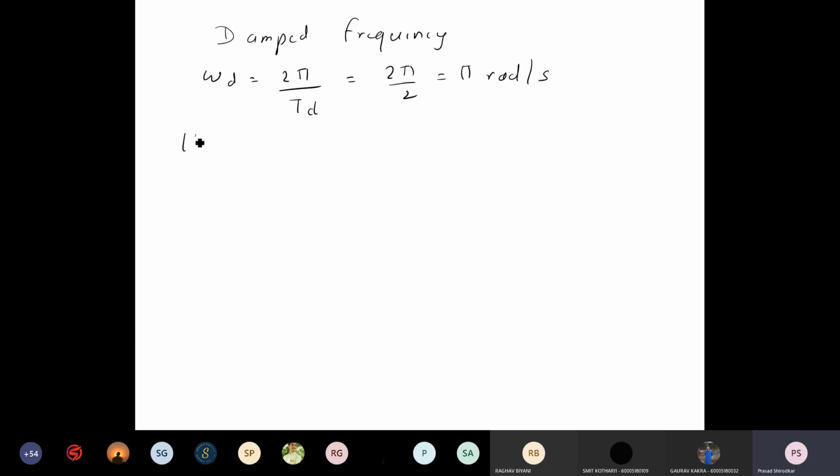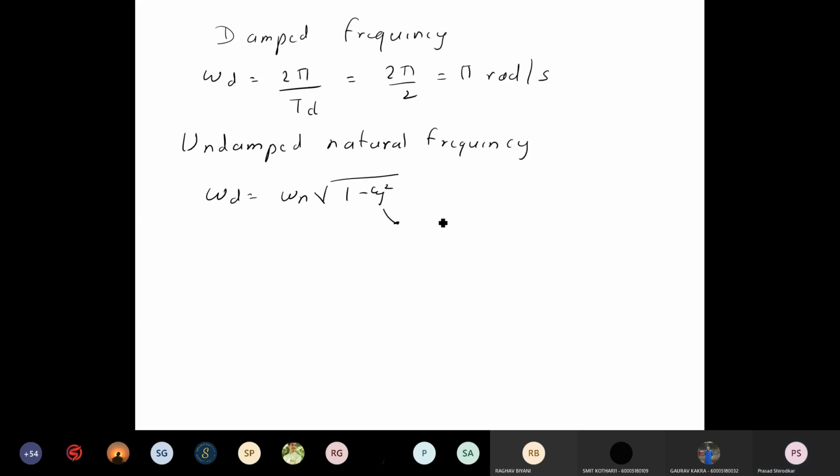Now, the undamped natural frequency: omega d is equal to omega n into square root of 1 minus zeta square. You have the values of zeta and omega d, substitute, and we get omega n equal to 3.43 radians per second.